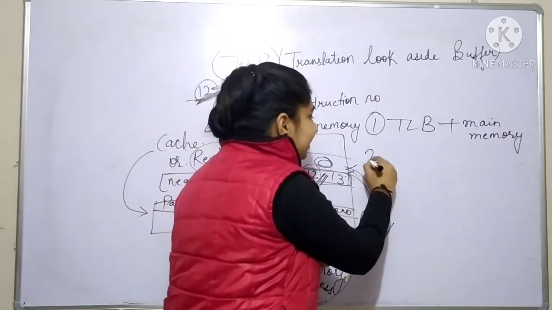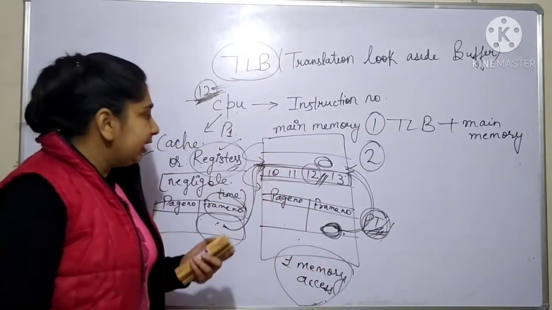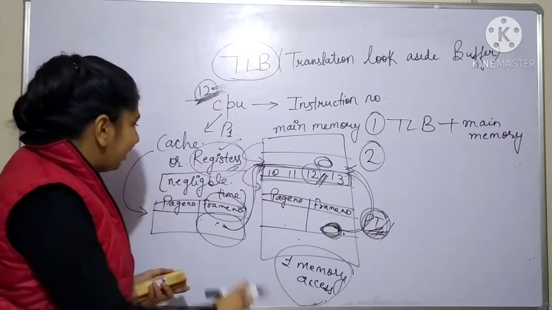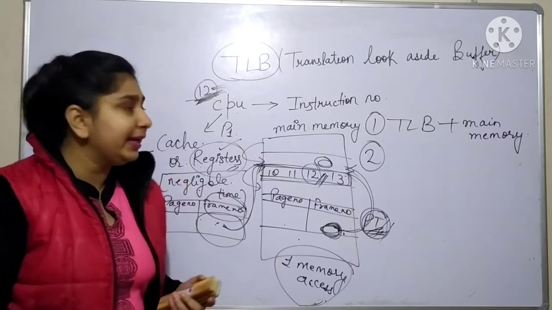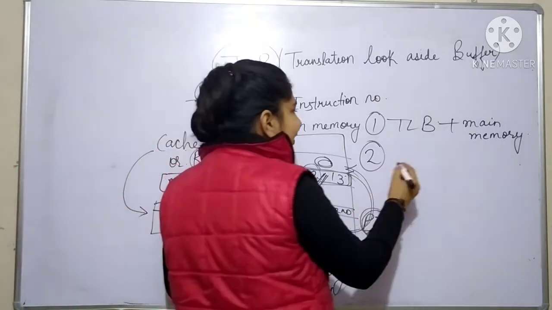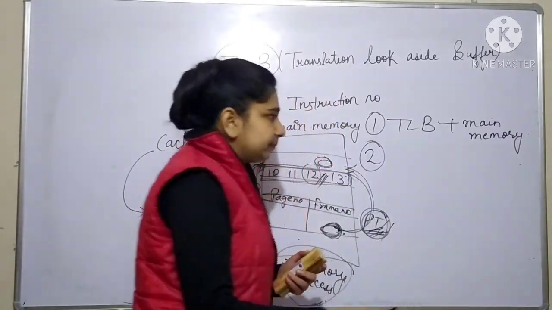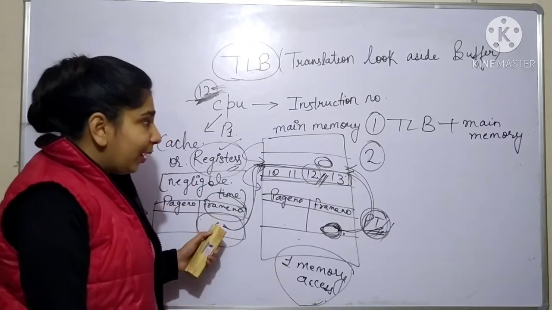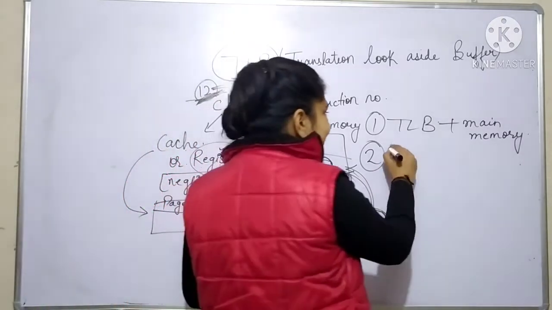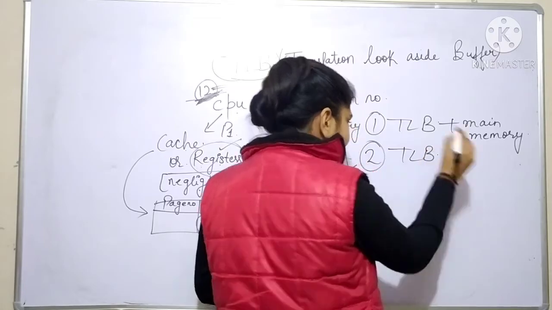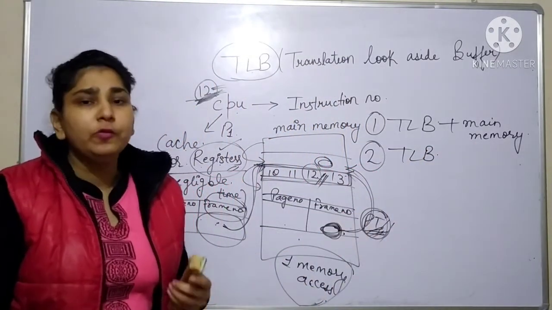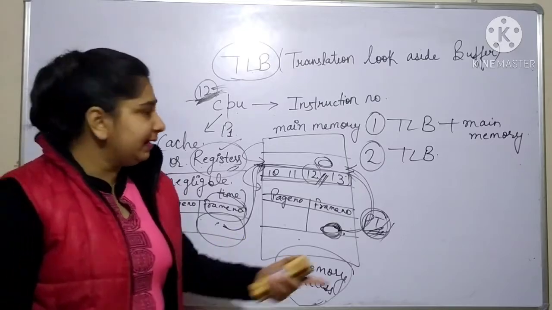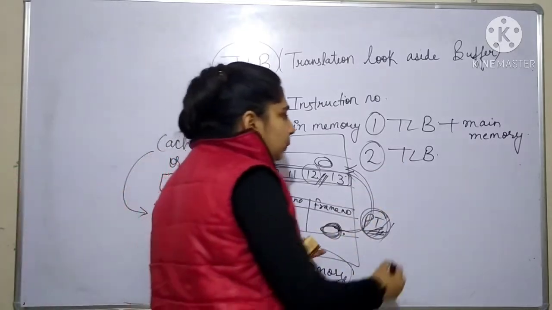But the second condition is, if you don't find the entry in TLB, then we will go to main memory. So what happens? Firstly we checked TLB and we didn't find our entry in TLB. Then what will we do?